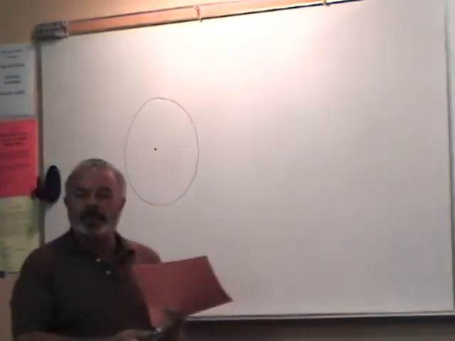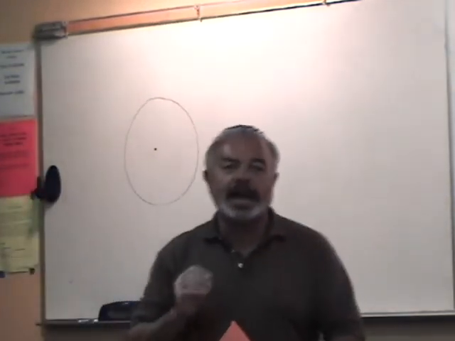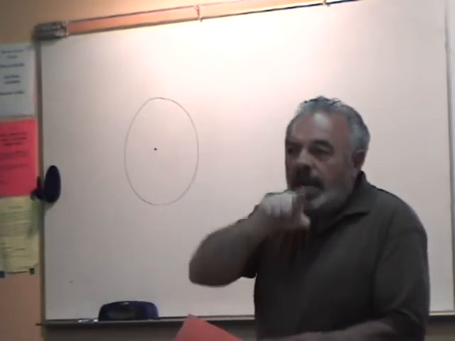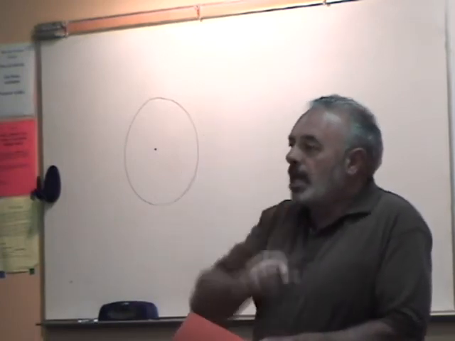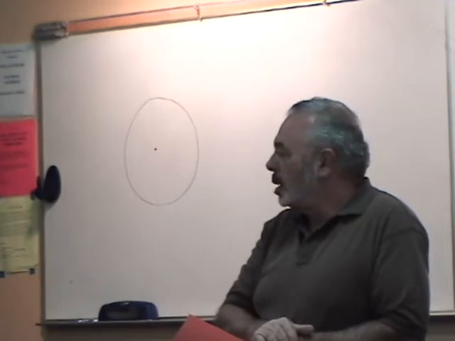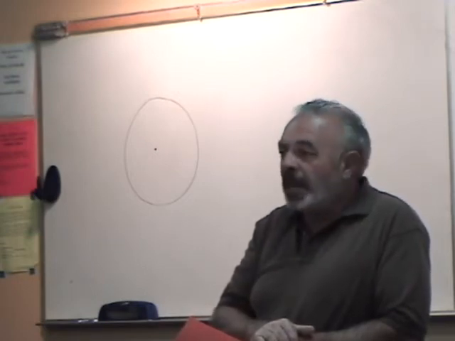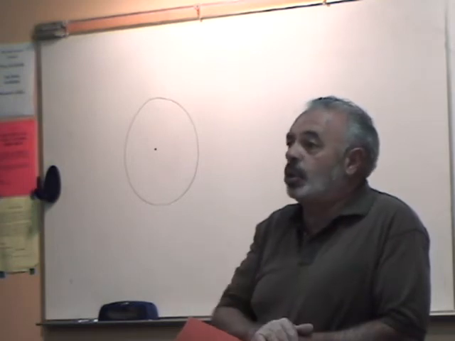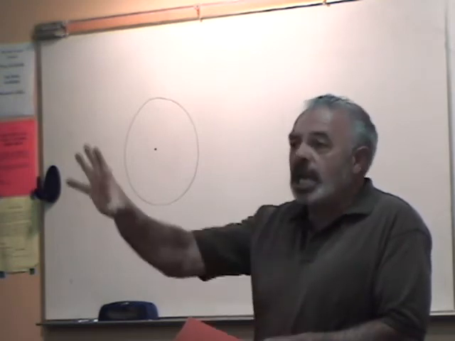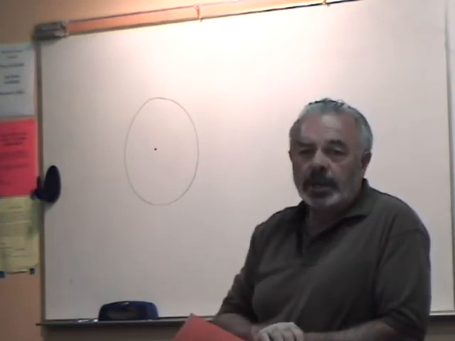But there's a problem there, there's a classical problem there. That is, if an electron is orbiting, it's accelerating, isn't it? It's enjoying centripetal acceleration. It's been demonstrated that any time you accelerate an electric charge, it radiates energy.